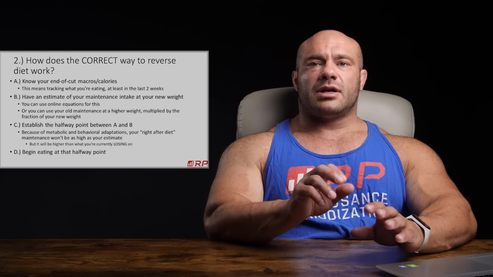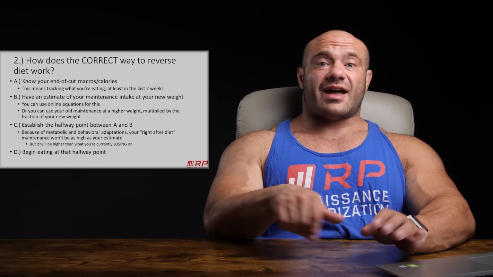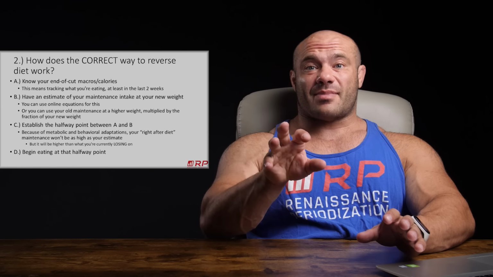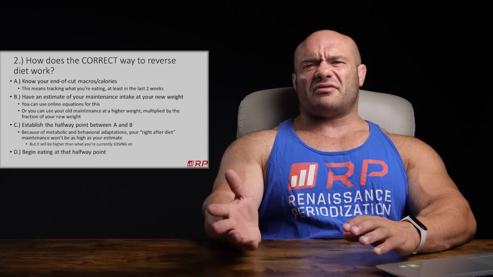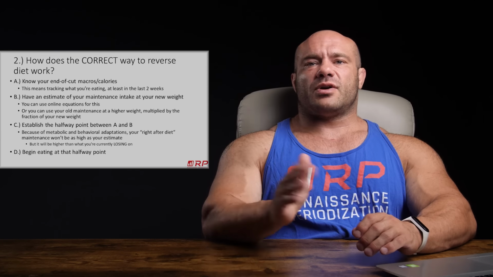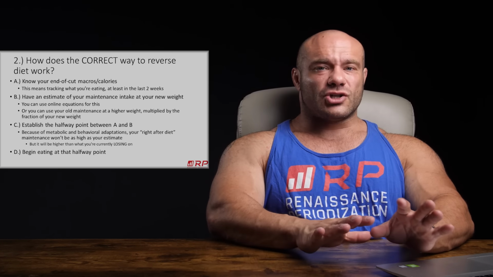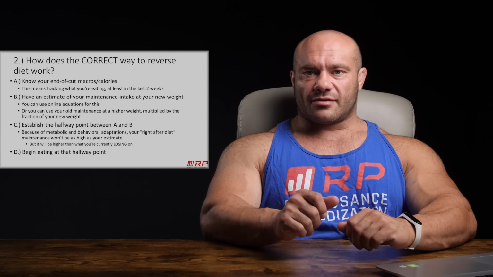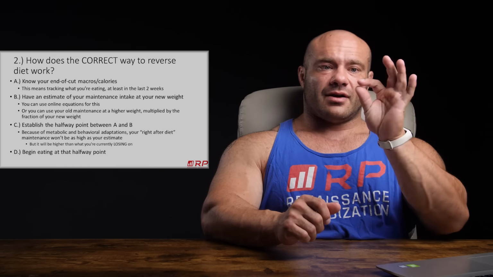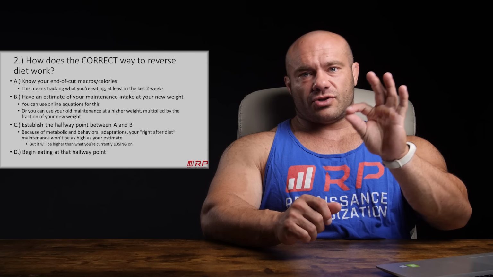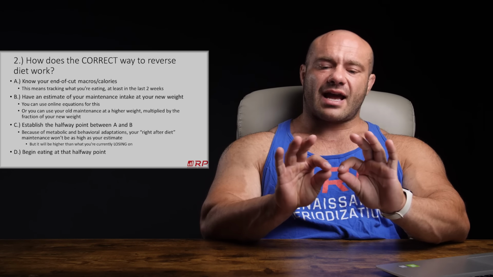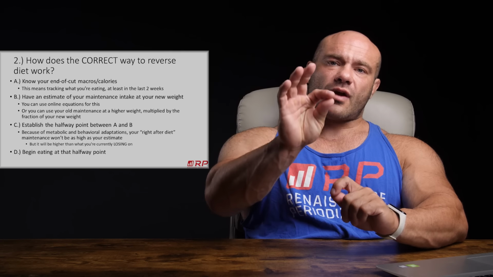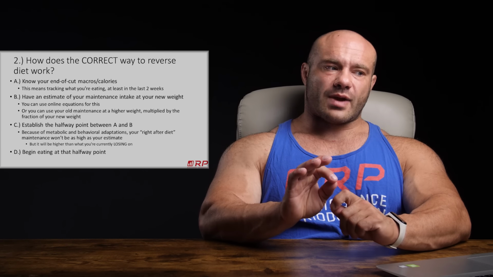Now you weigh 200, so you take 200 divided by 220, and you multiply that by your maintenance calories at 220, and it'll roughly give you a decent guess as to what your maintenance calories should eventually be at your new weight of 200 pounds.